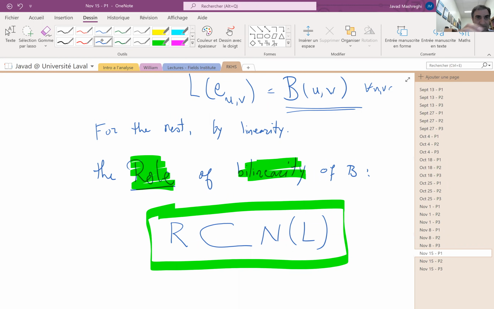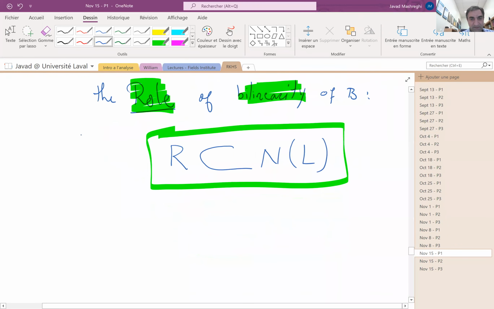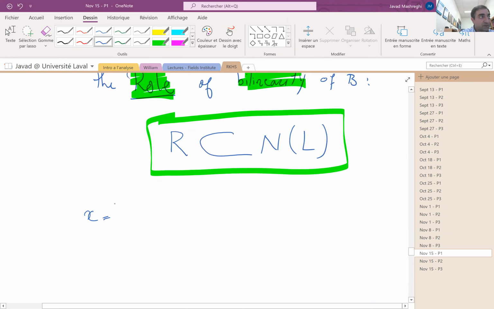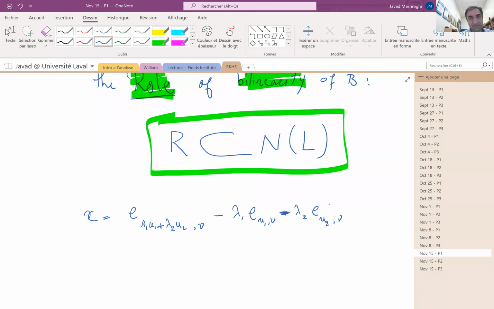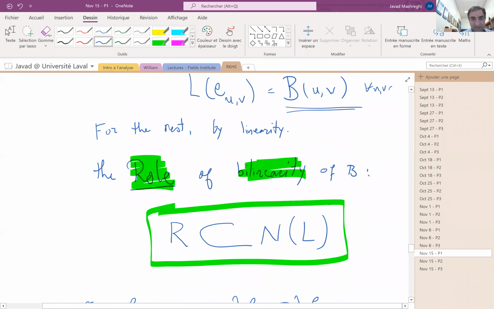What were those elements? The first element was of the form E lambda 1 U1 plus lambda 2 U2 and V minus lambda 1 E U1 V minus lambda 2 E U2 V. That was one of the elements which formed the spanning set for R. Let's find what is L of this.